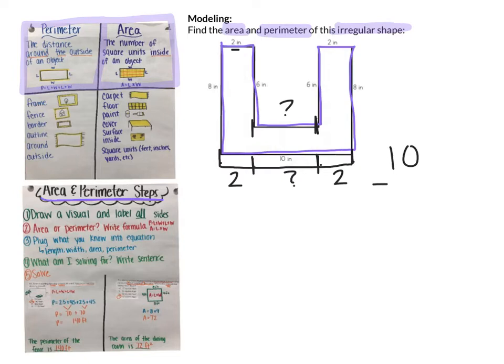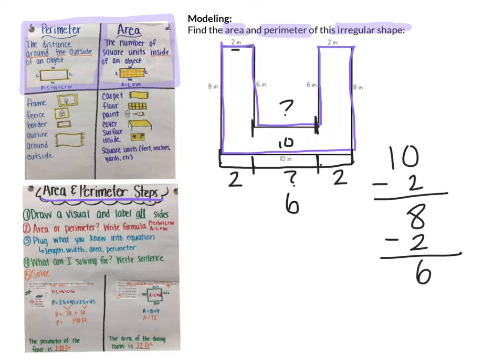So 10 minus 2 is 8. 8 minus 2 is 6. So my missing part here, or my missing side length, is 6. We can add these 3 up again to check to make sure they equal 10. All right, 2 plus 6 is 8. 8 plus 2 is 10, so that adds up.